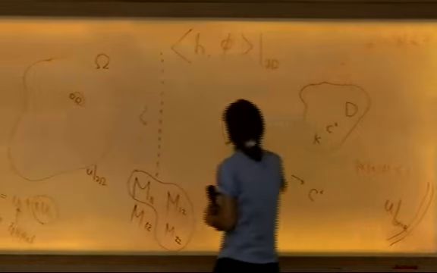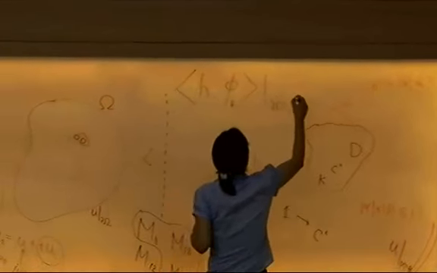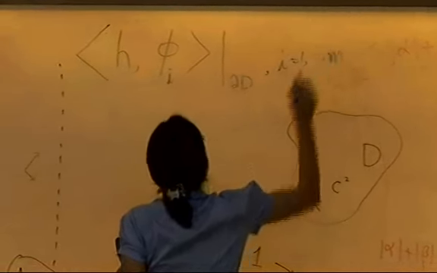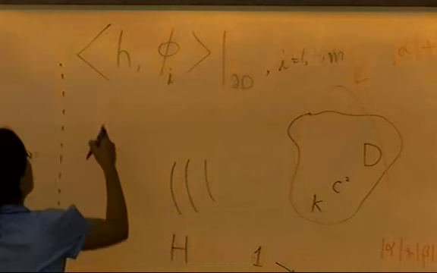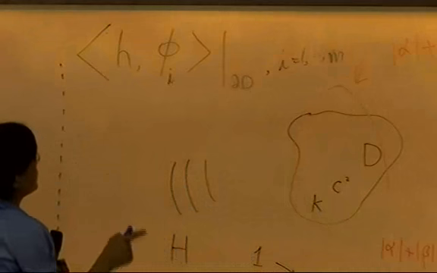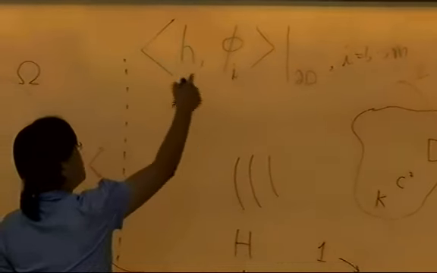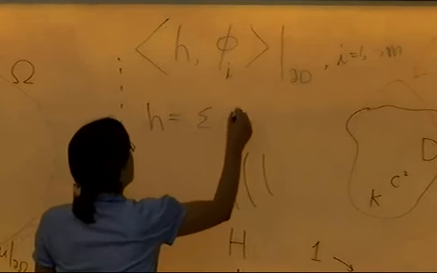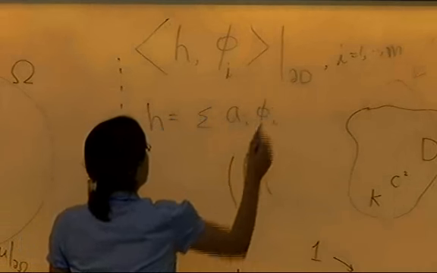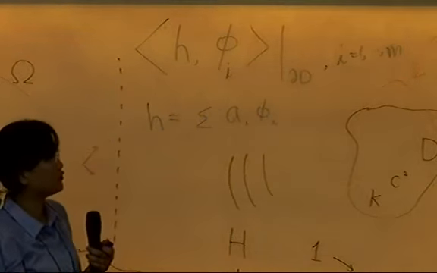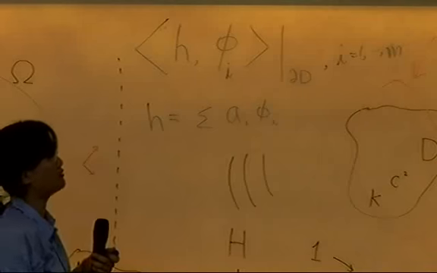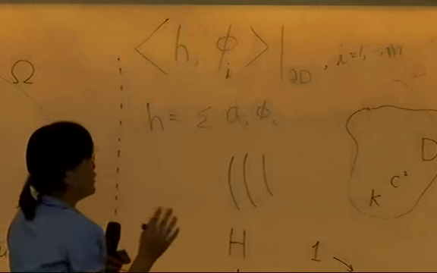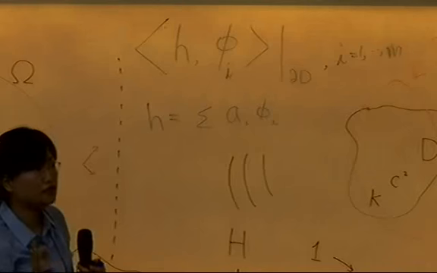So let's say you have phi 1 to phi m, and from the boundary measurement, the inner product of h with phi i is known. So I said h is the sum of A i phi i. If h is orthogonal to phi i, we cannot get that information because all the information we have is the inner product with phi i. So the orthogonal component is invisible.